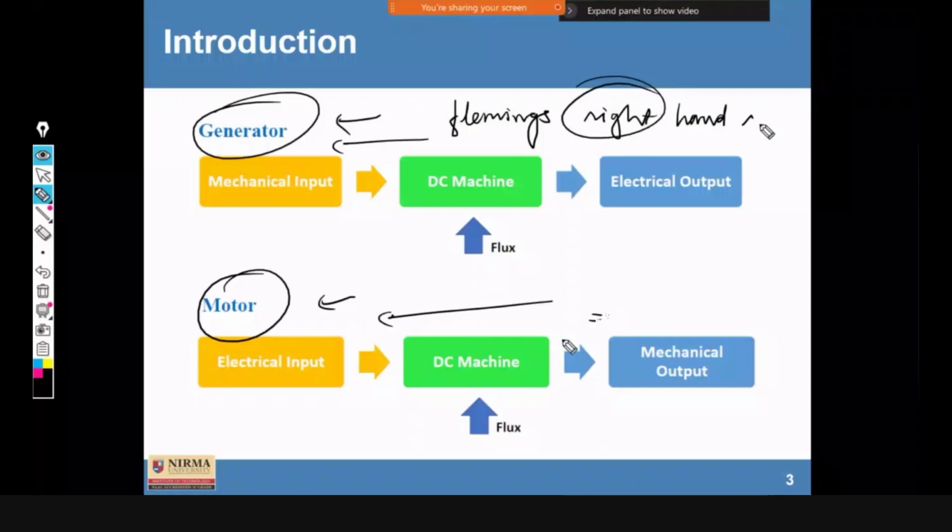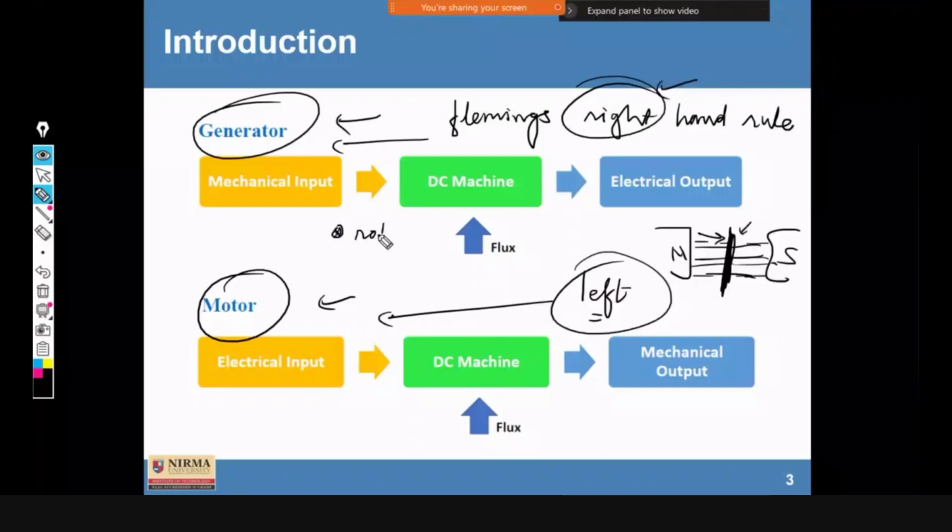Here we are providing rotation, and the best example is the dynamo you have seen. So rotation and a magnetic field, and your output is electricity.